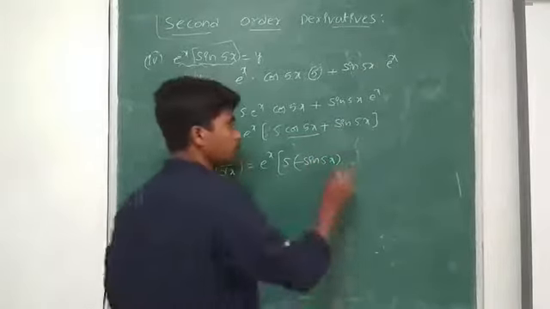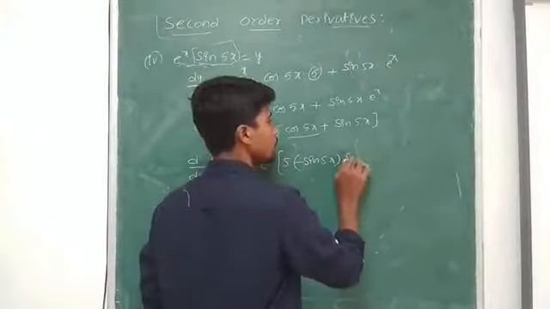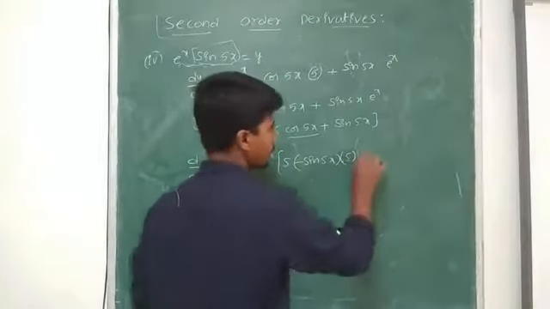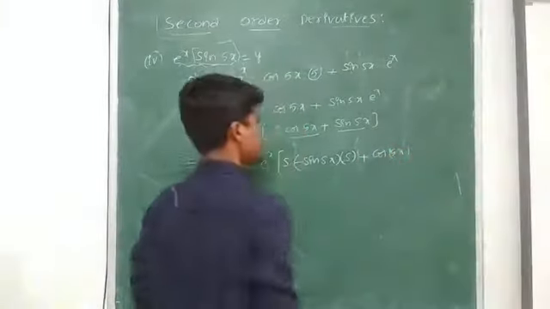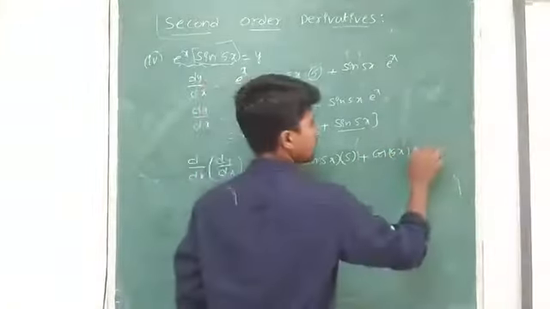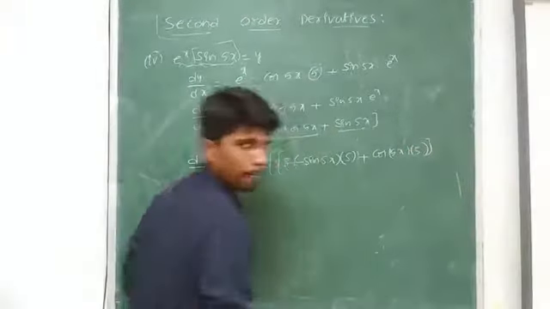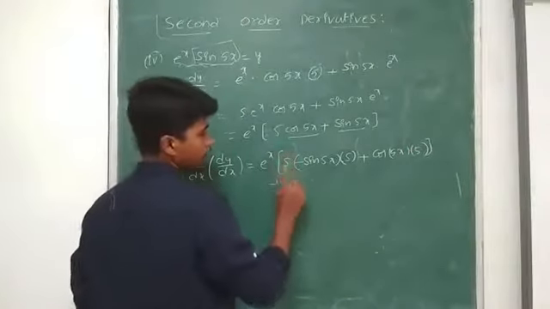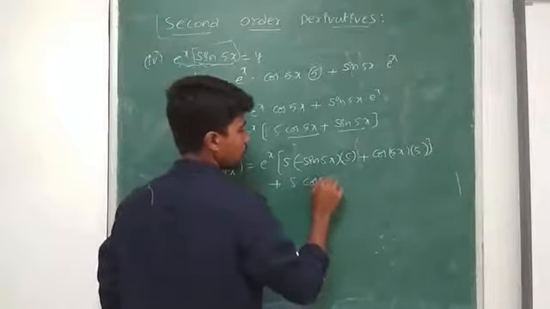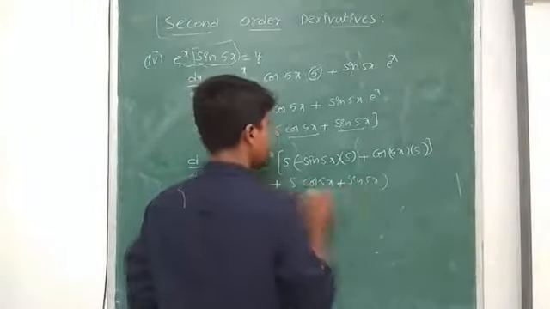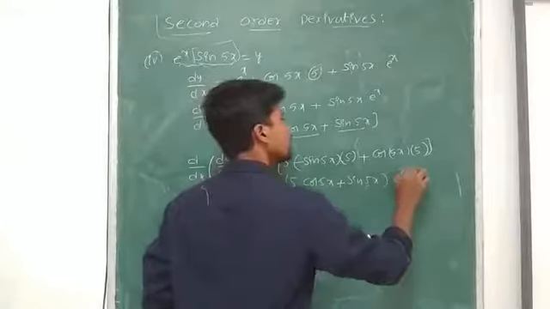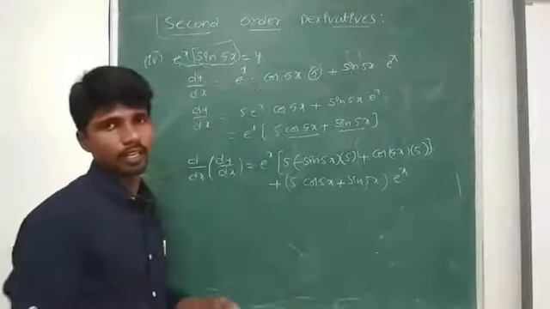So again I have to perform its differentiation, which is equal to 5 plus sin x derivative cos x, but it is not x, its derivative, plus 5 cos 5x plus sin 5x into derivative of e power x, e to the power of x.